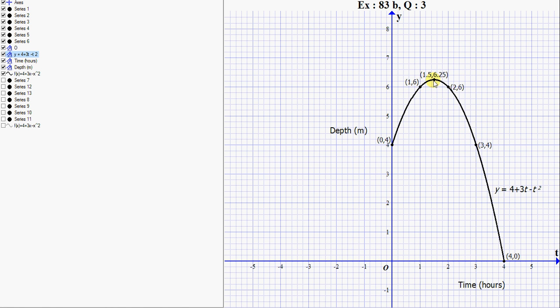Then we will get the maximum depth. Now look, this point 1.5 and 6.25, this is exactly matching at the maximum depth. So maximum depth will be 6.25 meter, and at that time t equal to 1.5 hours.